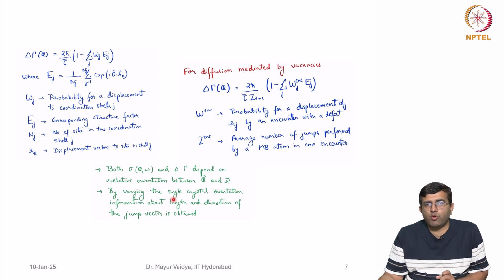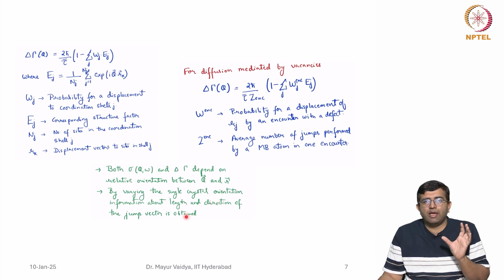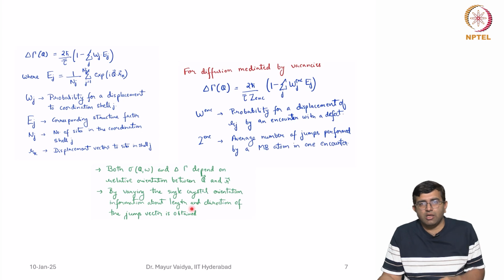So if you have a single crystal, then by changing the orientations, which is sometimes possible, you can obtain information about the length and direction of the jump vector, which is not usually possible in many techniques.